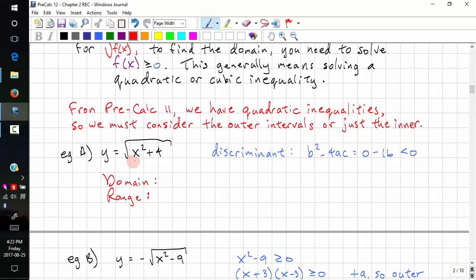Y is equal to the square root of x squared plus 4. If we look at the discriminant, yes, we're using the discriminant again. B squared minus 4ac equals, b is 0 here, so 0 minus 4 times 1 times 4, that's -16. -16 is less than 0, so no solutions.